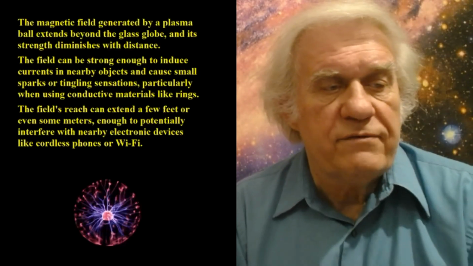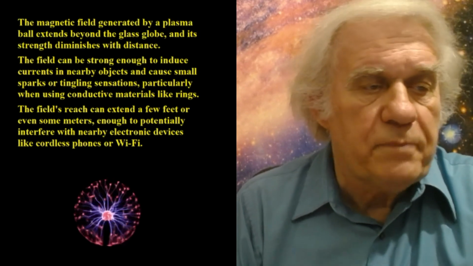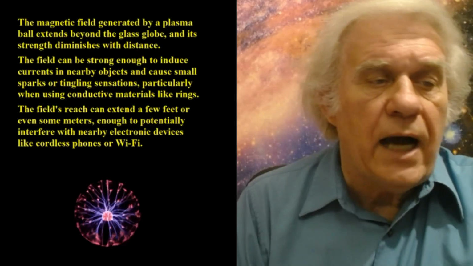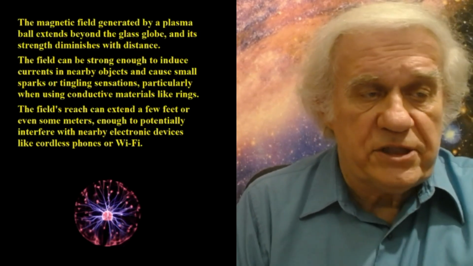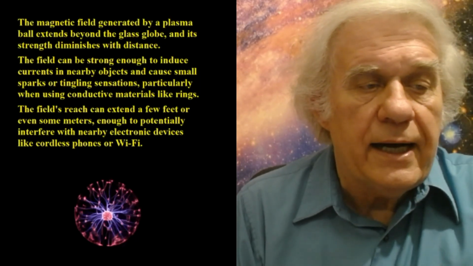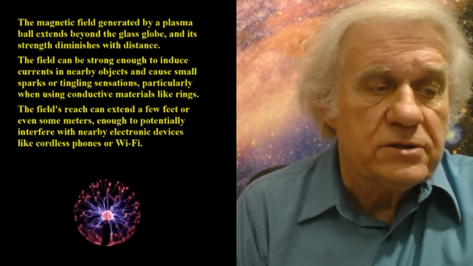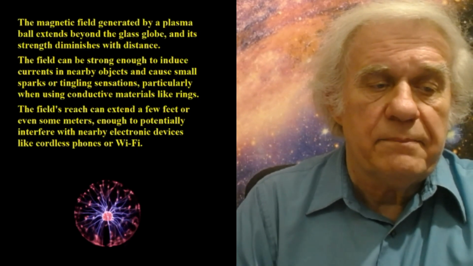The field can be strong enough to induce currents in nearby objects and cause small sparks or tingling sensations, particularly when using conductive materials such as rings. The field's reach can extend a few feet or even some meters, enough to potentially interfere with nearby electronic devices like cordless phones or Wi-Fi. So the magnetic field does extend beyond the plasma ball.